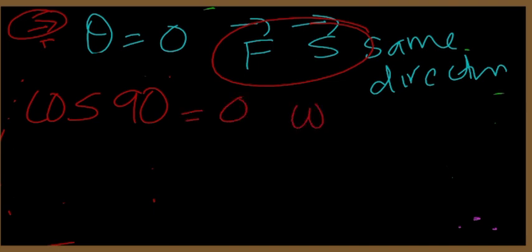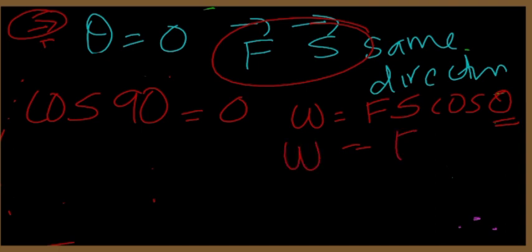We already know W is equal to Fs cos theta. So when the angle theta becomes 90 degrees, we know cos 90 is 0, then W becomes Fs into 0. That means W becomes 0. It clearly says that when the force acting on the body and the displacement are perpendicular to each other, then work done by the force will be 0.